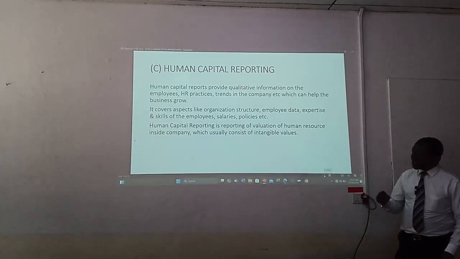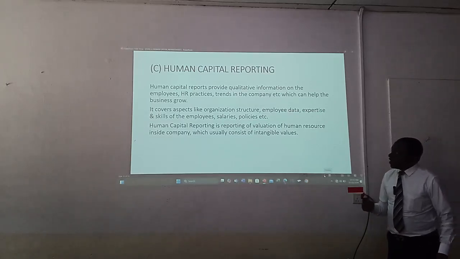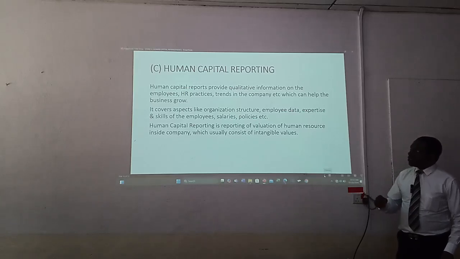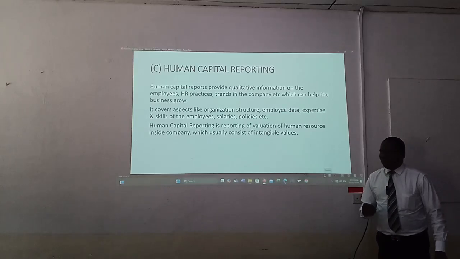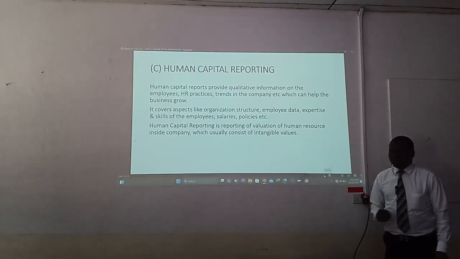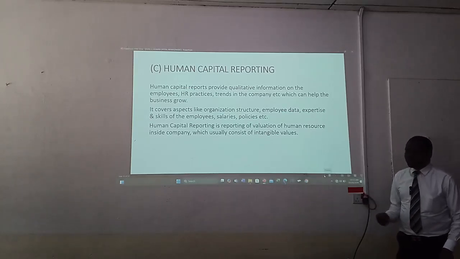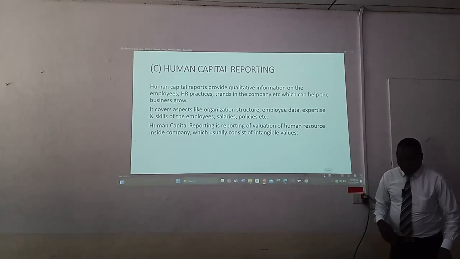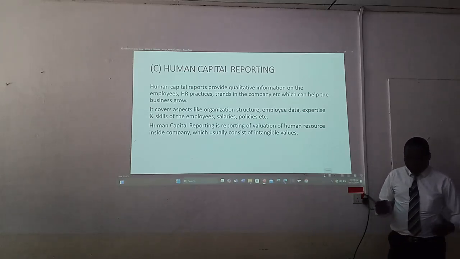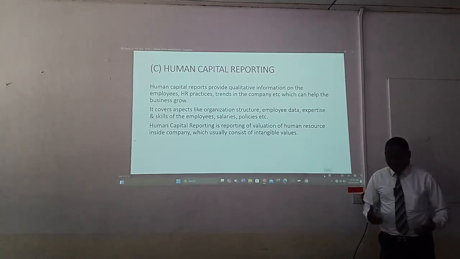And even the HR practices, in reporting, you may do it in a qualitative way, whatever practices you're doing, especially, for example, in recruitment processes. And then trends in the companies, etc., which can help the business grow.